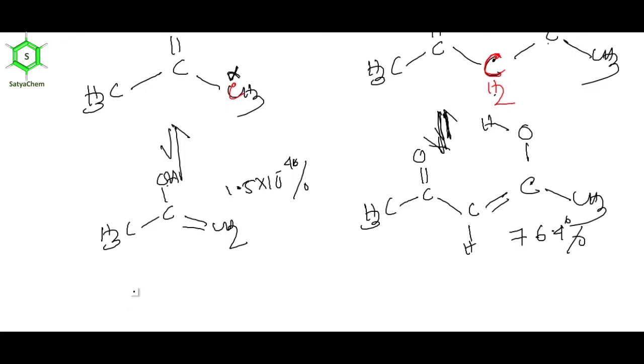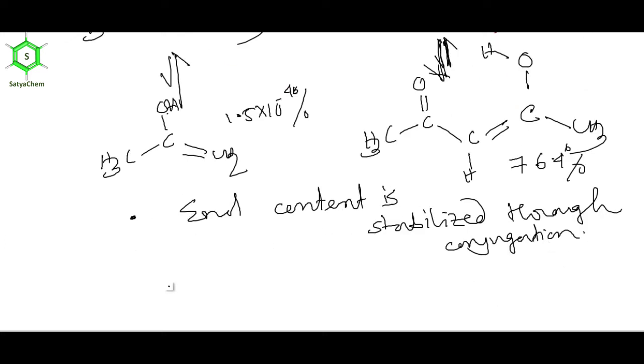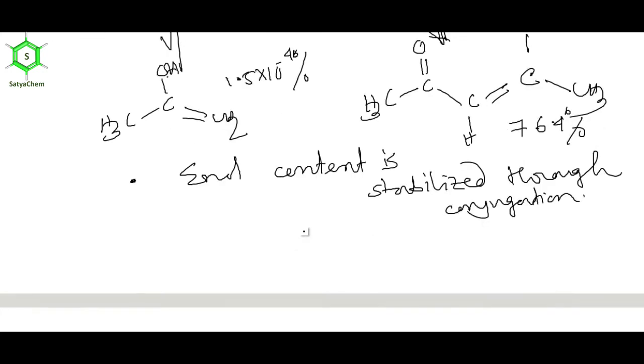There are two reasons. First one is electron delocalization: the enol form is stabilized through conjugation. So first I need to show you how conjugation is playing a role in this example.